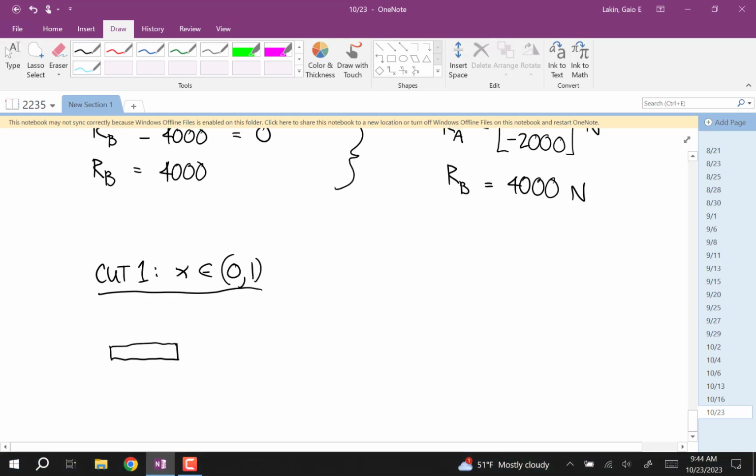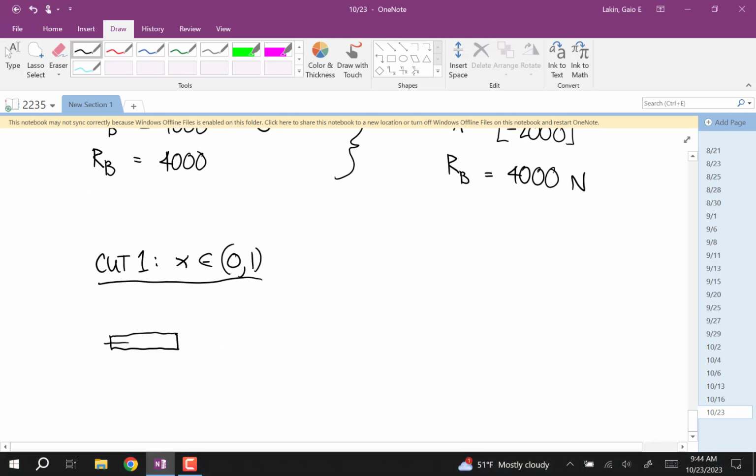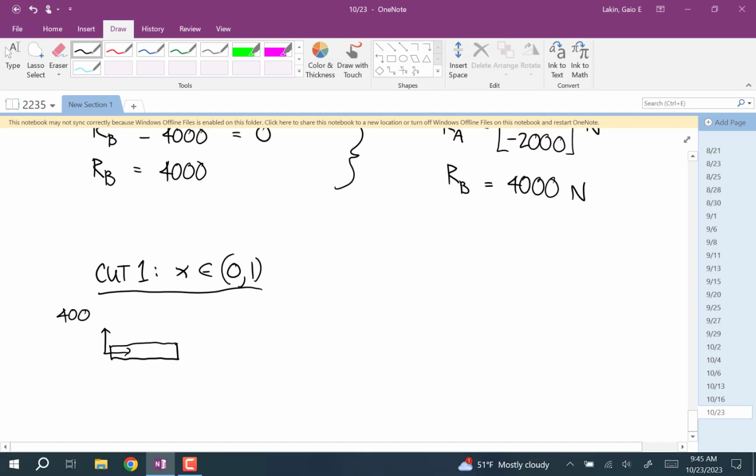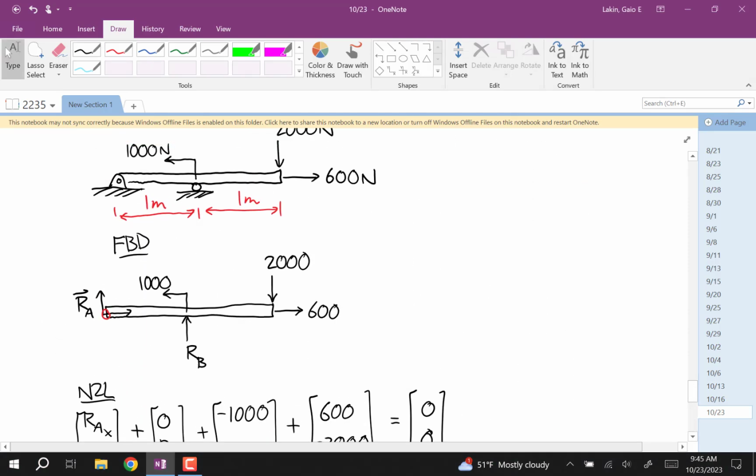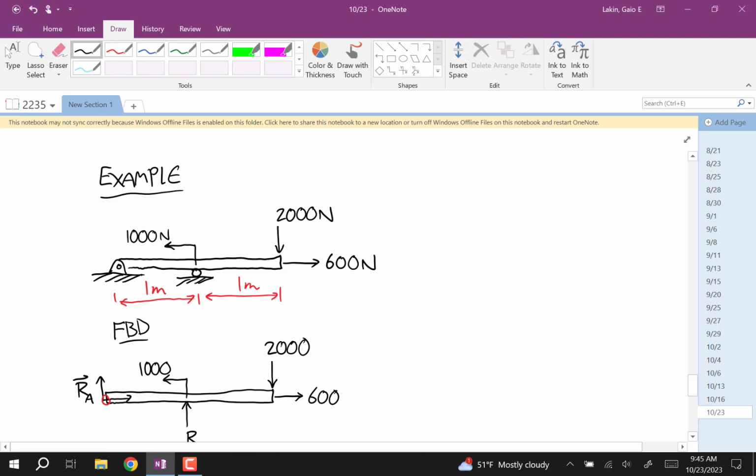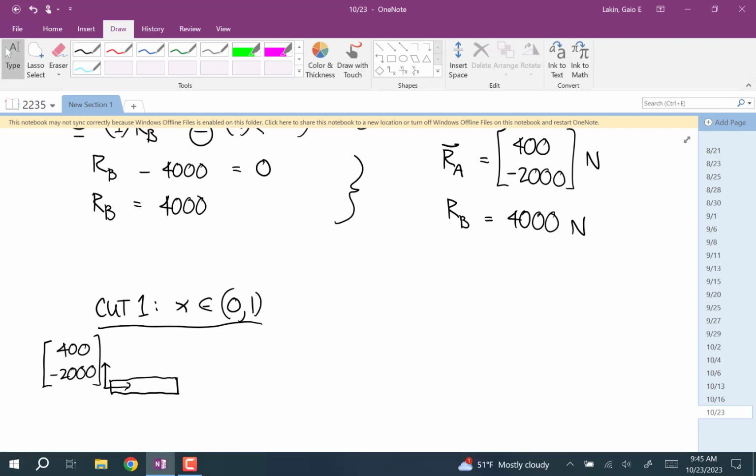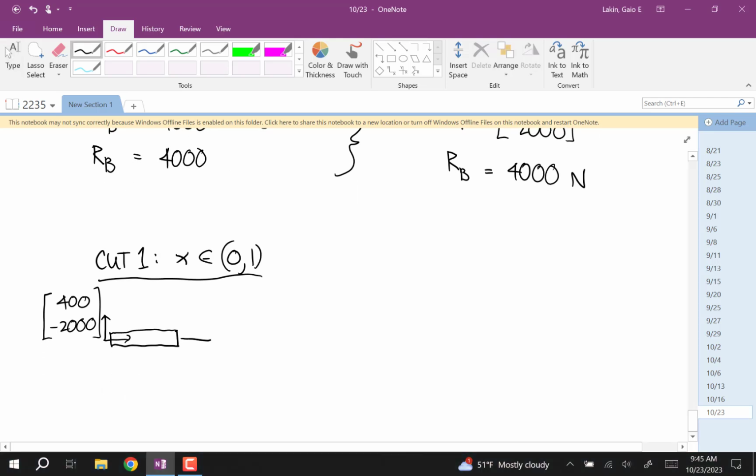So our RA is 400, negative 2,000. We haven't gotten to the roller or the 1,000 yet. So the only other thing we have is T, V, and M.